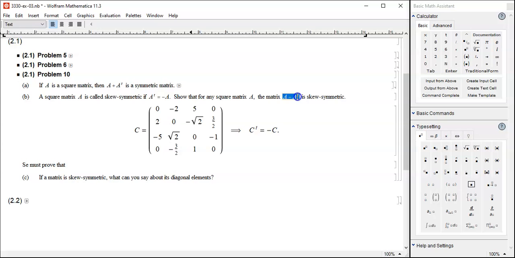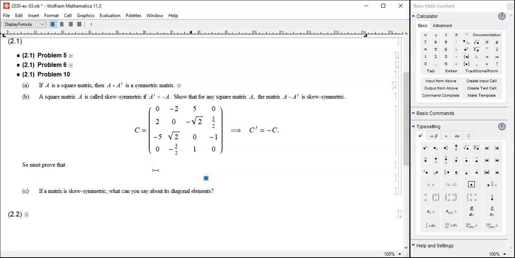The transpose of this is negative of itself, right? The transpose of this is negative of itself. This is what you have to prove.